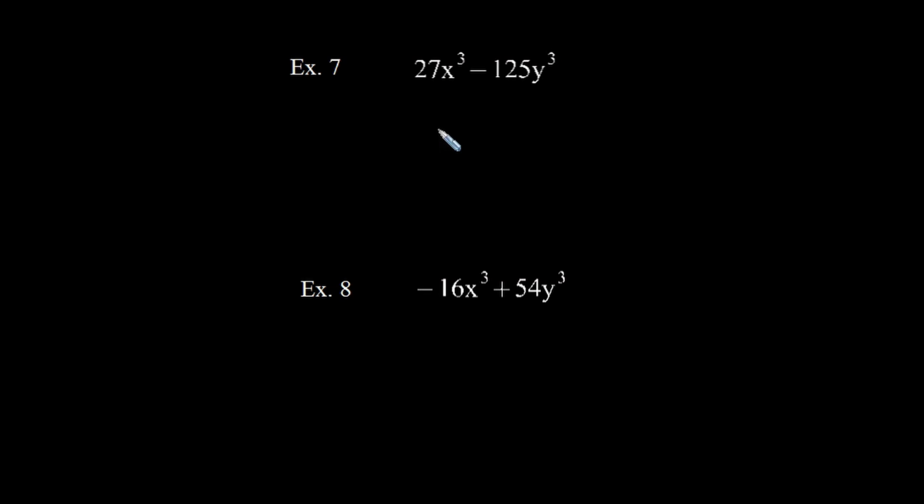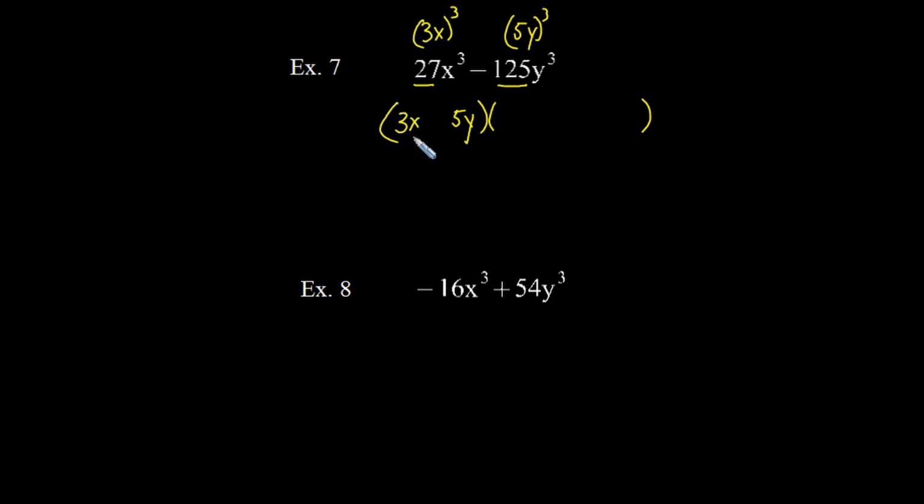Okay, so example 7. We have variables and coefficients in both terms, but still both perfect cubes, 27 and 125. That gives us 3x cubed and 5y cubed. So when we take the cube root of those two terms, we will get 3x and 5y.